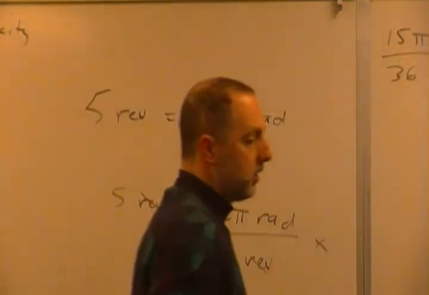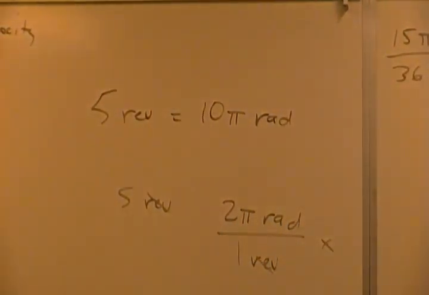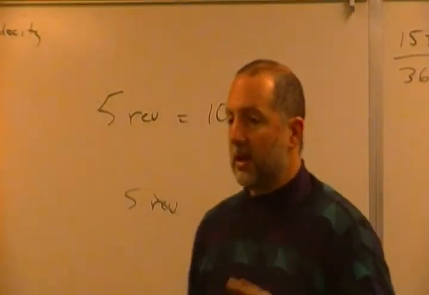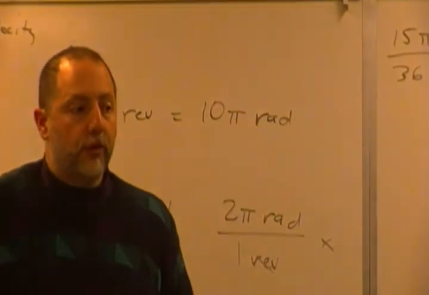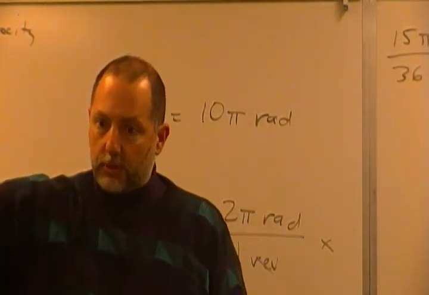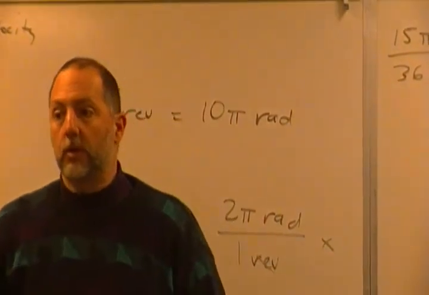Let's do problem 23, 50.4 revolutions. If it asks you for angular displacement, the trick is they're asking you for radians. So if on the test you see, what is the angular displacement, they want the answer in radians.